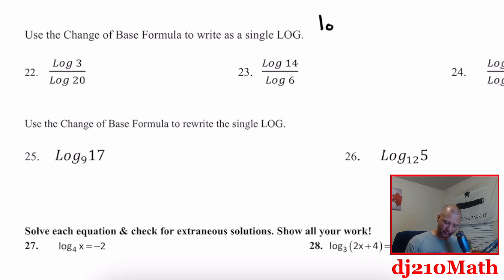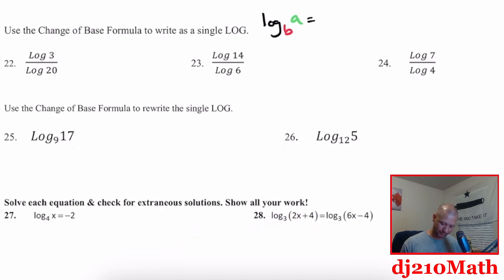If you have a log base B with some argument, log base B of A, we can rewrite this using any base we want. Log base B of A is equivalent to log base whatever you want, as long as you move the B and the A a certain way.